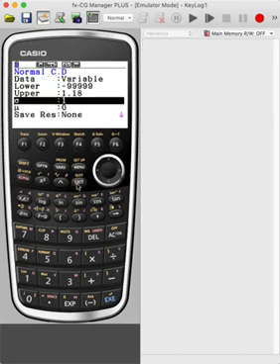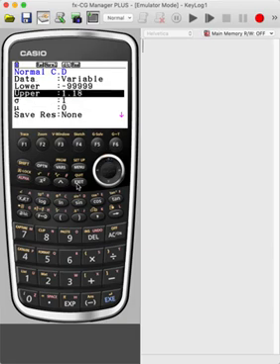Suppose that instead I wanted to find the probability of getting a z greater than 1.18. Then I'd just go up here and make my lower bound 1.18, and my upper bound would be some very large number right there. So I'm telling the calculator to tell me the area under the standard normal distribution between 1.18 and some very large number.